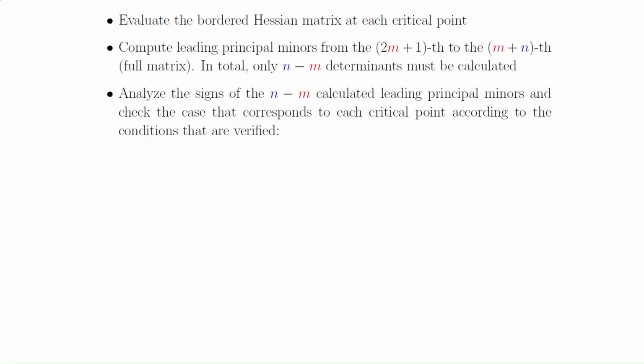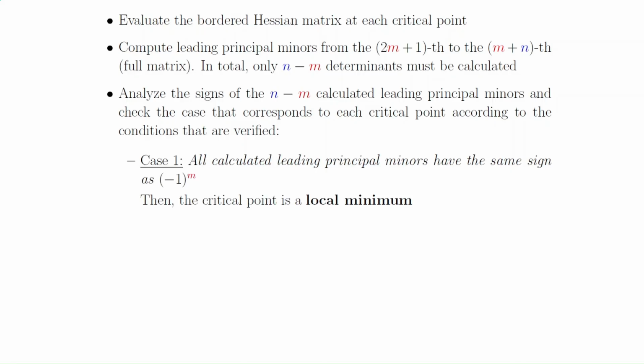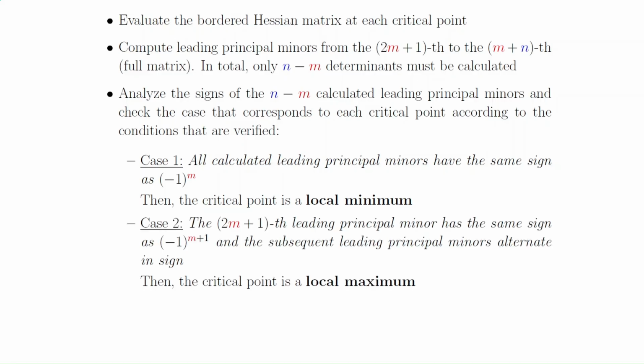According to the sequence of signs that you obtain, check in which case we are according to some rules. Case 1. All calculated leading principal minors have the same sign as negative 1 to the m. Then the critical point is a local minimum. Case 2.